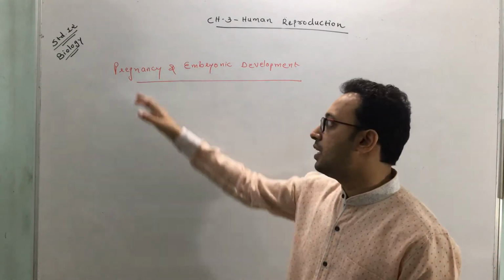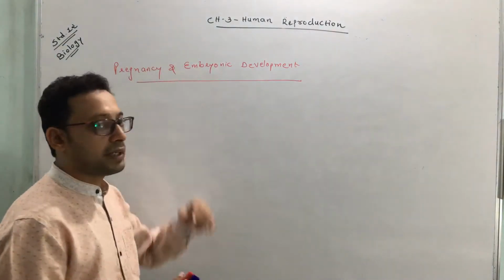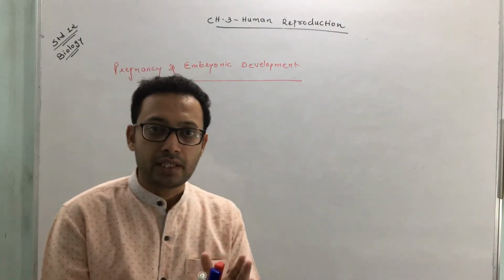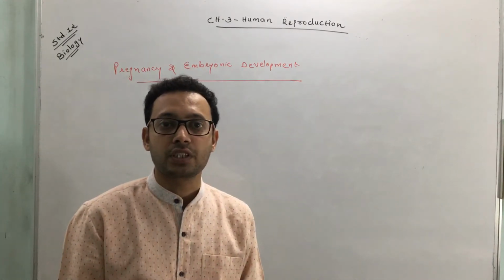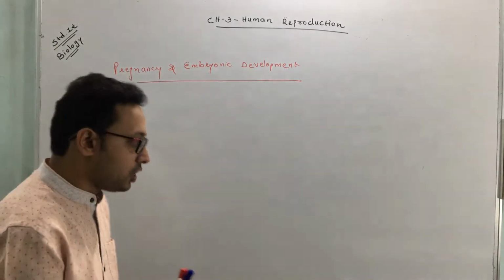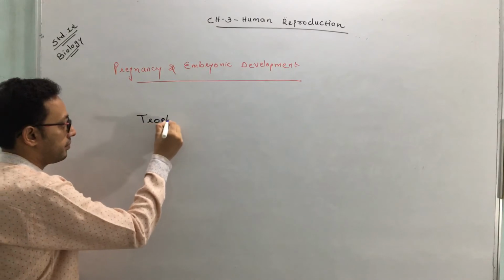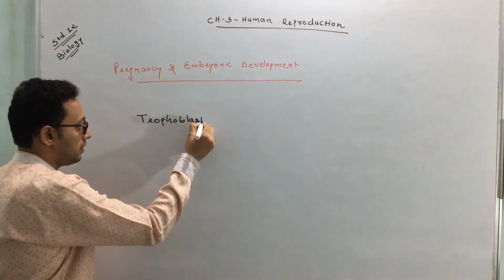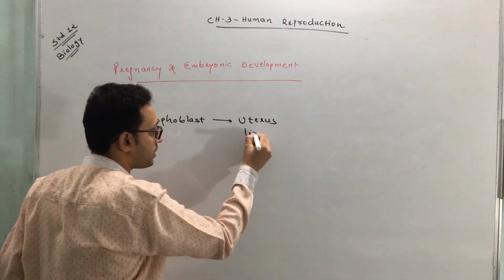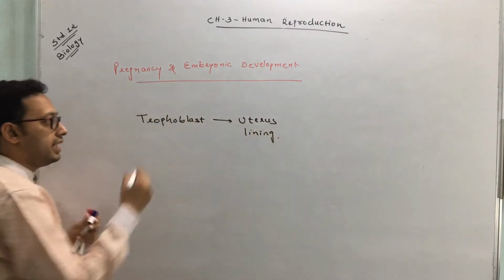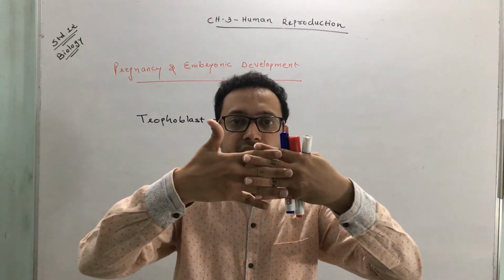But before we start embryonic development, you should know how the pregnancy results. Once implantation takes place, that means the attachment to the wall of the uterus, what changes take place? Once the trophoblast attaches to the wall of the uterus, the cells of the uterus and the trophoblast become interdigitated with each other.